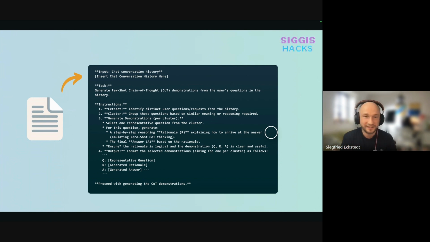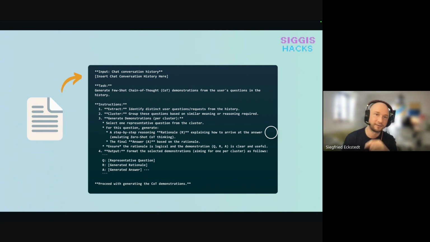area. So let's assume you don't want to have your entire history, but you have one longer conversation which emerged over time. Maybe there are two separate chats and you are convinced that from the way reasoning has been applied here and how a given problem was solved, there's something that can be learned, in a way that you have the representative question, you have the rationale, and you have the answer.